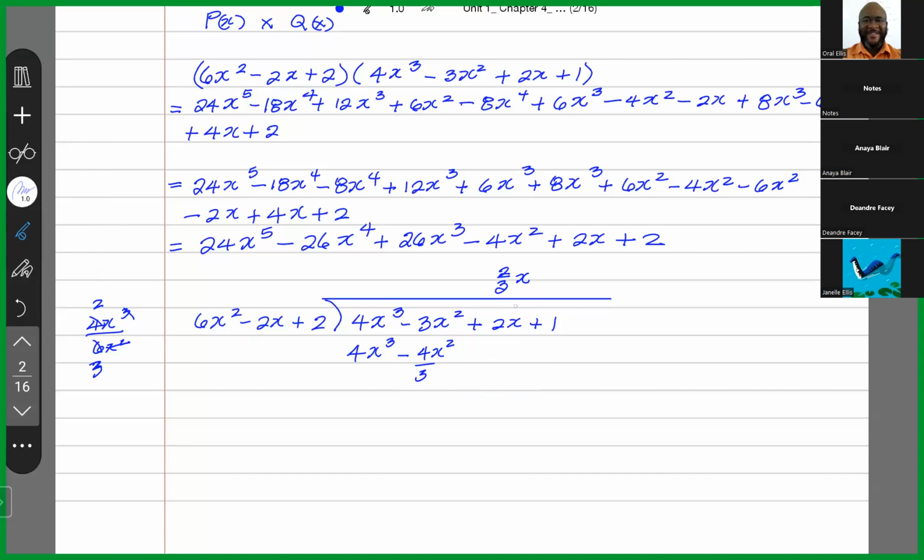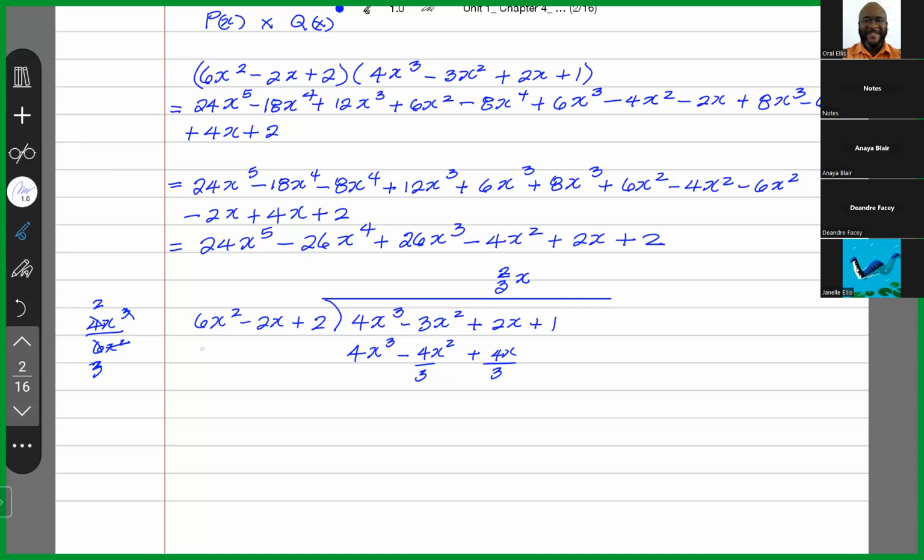Now 2/3 x times 2 is positive 4x over 3.